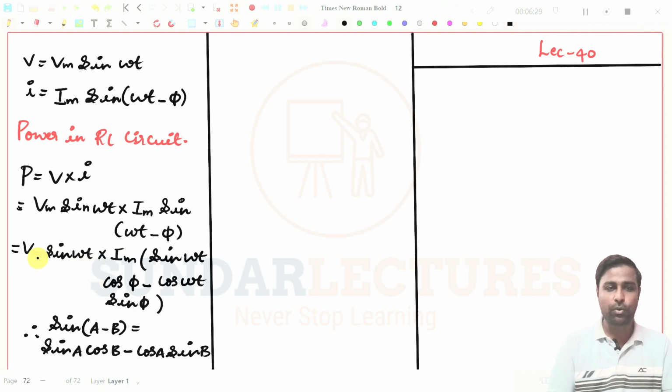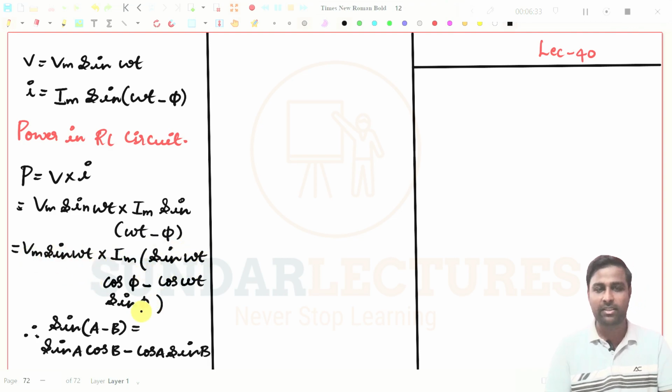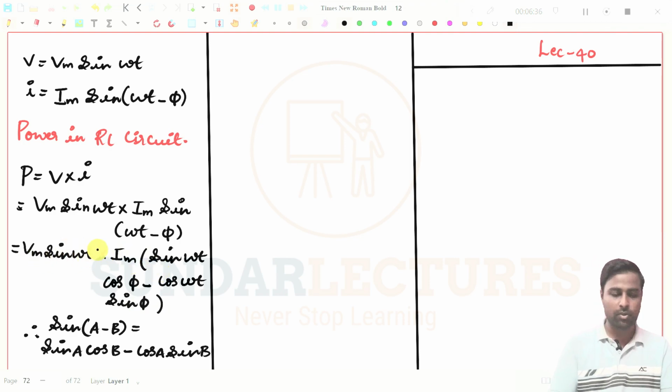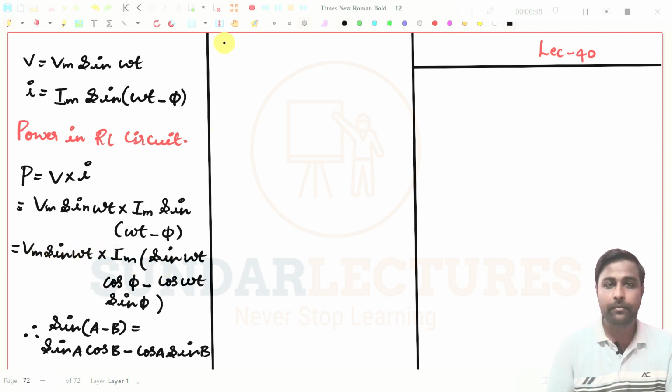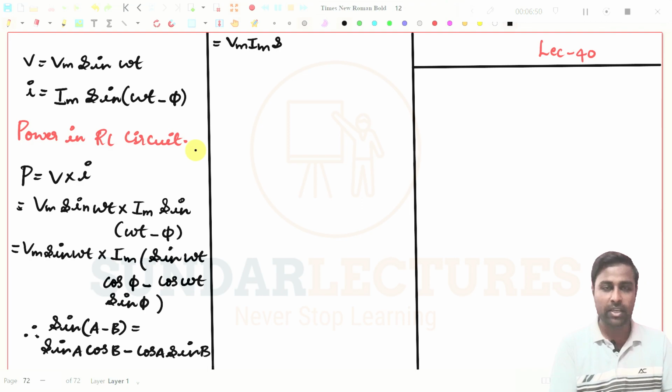Now what we do, we just multiply this term to the inside. That means the bracket term can be multiplied with this term. So I can write here Vm Im, because I have multiplied this one, and sin omega t is there. Vm Im sin omega t I have to multiply with this term.